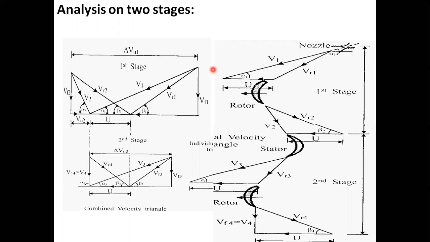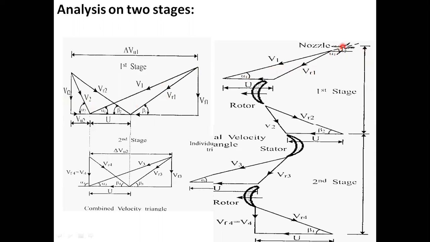This is the first triangle, second triangle, third triangle, fourth triangle. This is the first stage, this is the second stage. In the first stage we consider all things, same here. For the inlet triangle, all suffix 1 and 2, one suffix for each parameter.